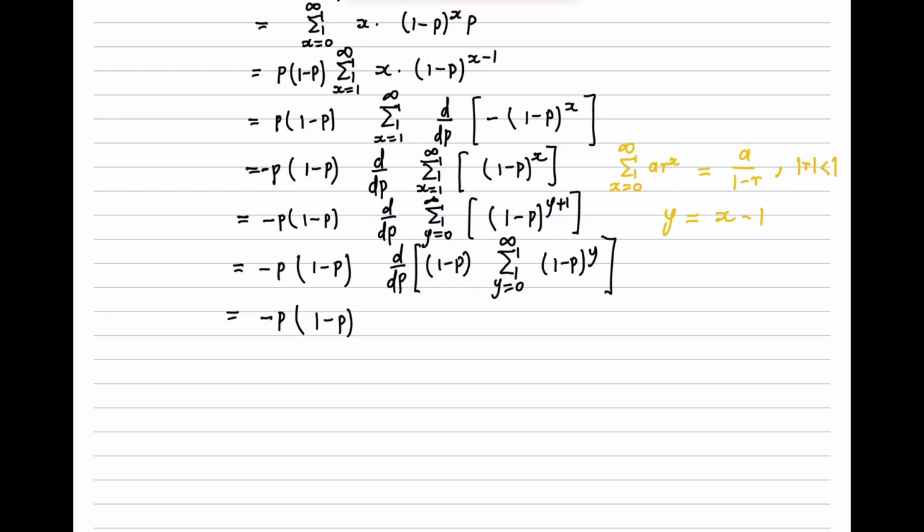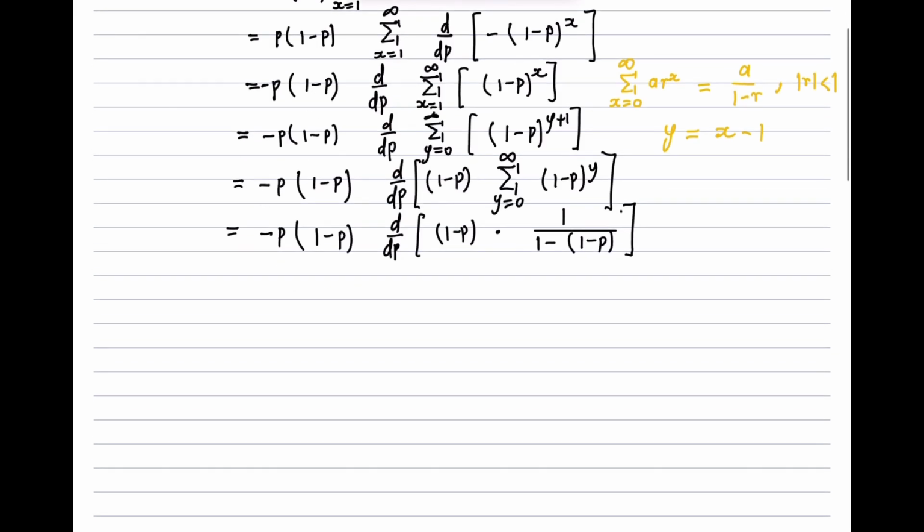So in this particular instance, we've still got our d on dp of 1 minus p multiplied by, now our expression becomes 1, which is our a, on 1 minus r, which is our 1 minus p. And we can close that bracket off, and we've got an expression there.